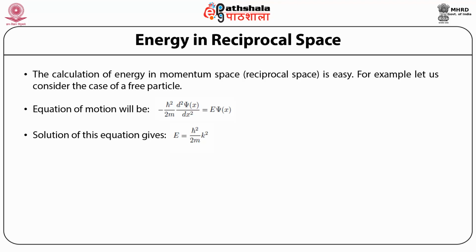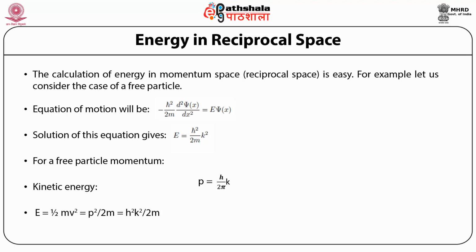After solving the above equation, we have the energy and the momentum of a free particle: P is equal to h cut k, and the kinetic energy is given by E is equal to half m v squared equal to P squared by 2m, which is h by 2 pi whole squared, k squared by 2m.